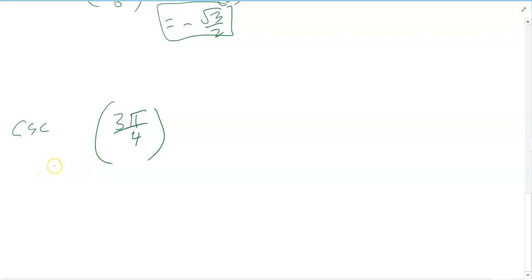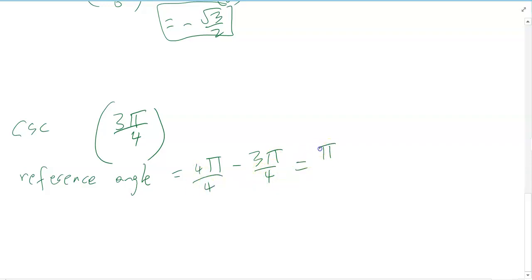So for this positive angle we're going to subtract it from pi. The reference angle is going to be pi minus 3 pi over 4. And so that would be 4 pi over 4 minus 3 pi over 4. That leaves you with pi over 4.